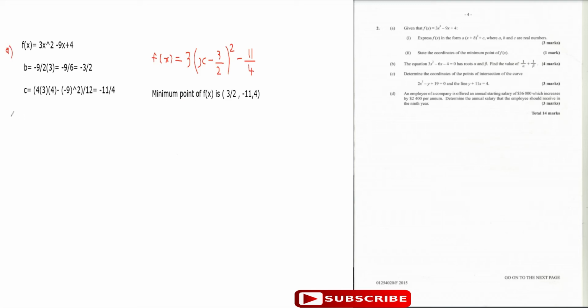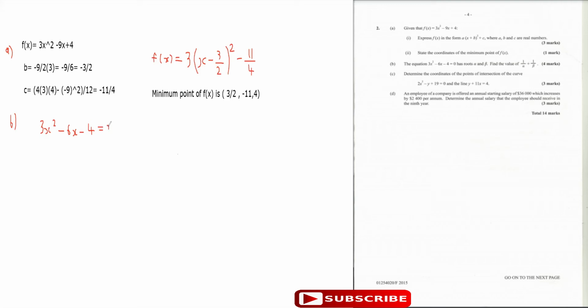Now part B. Part B gives us another quadratic. It gives us the quadratic 3x squared minus 6x minus 4, and they say this is equal to 0.